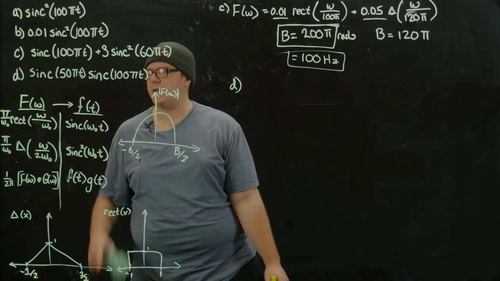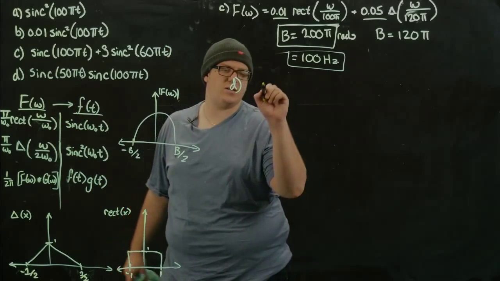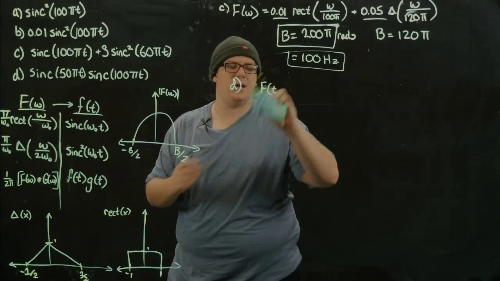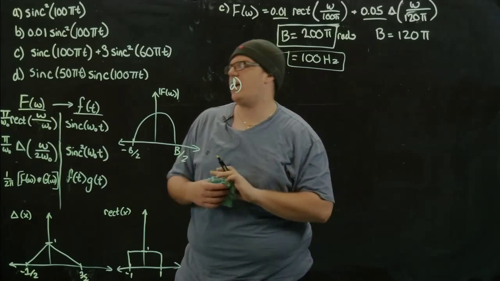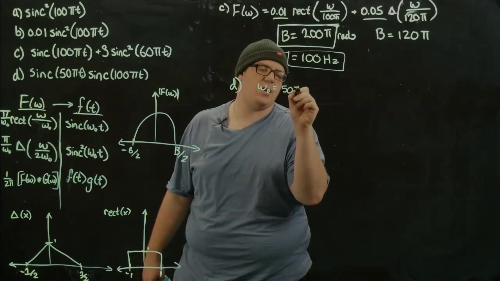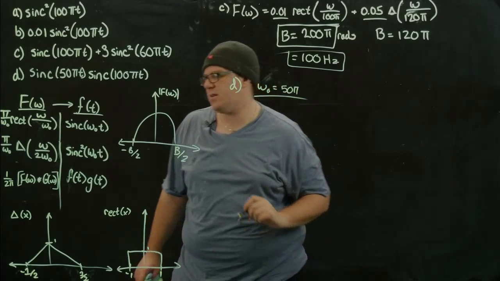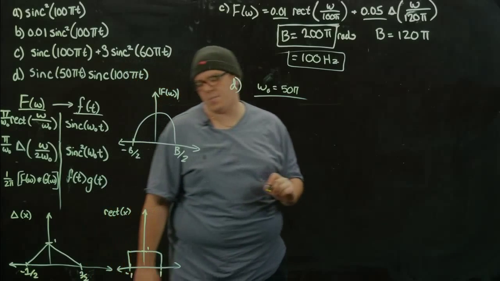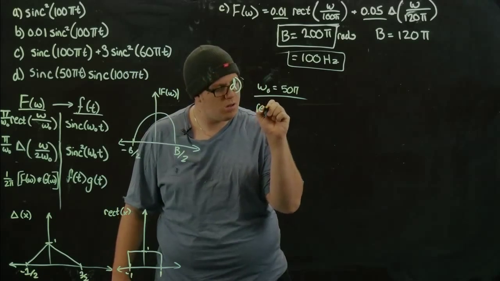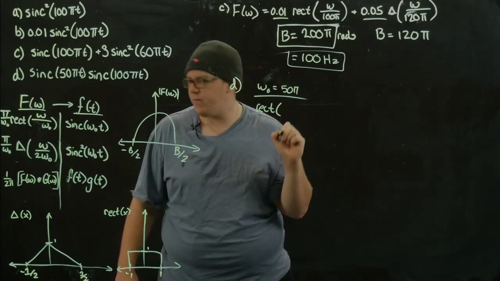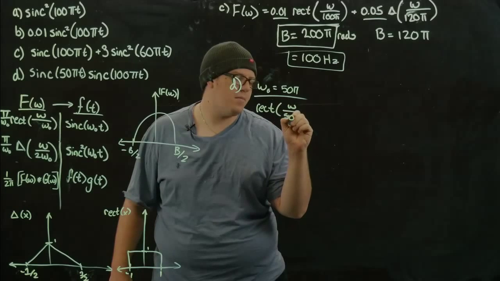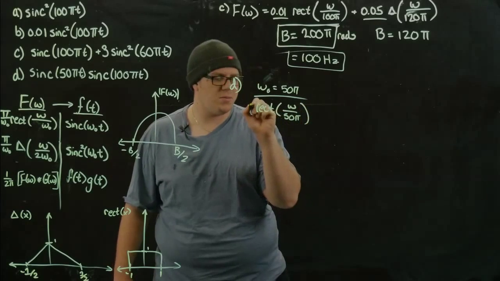So what we're doing is, if we take the Fourier transform of the first thing, so if we have f of t with omega 0 equal to 50 pi, what we end up with is the rectangle function of omega over 50 pi times some constant.